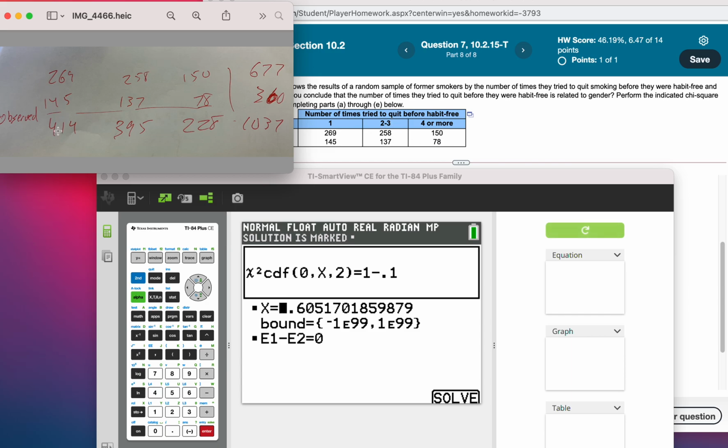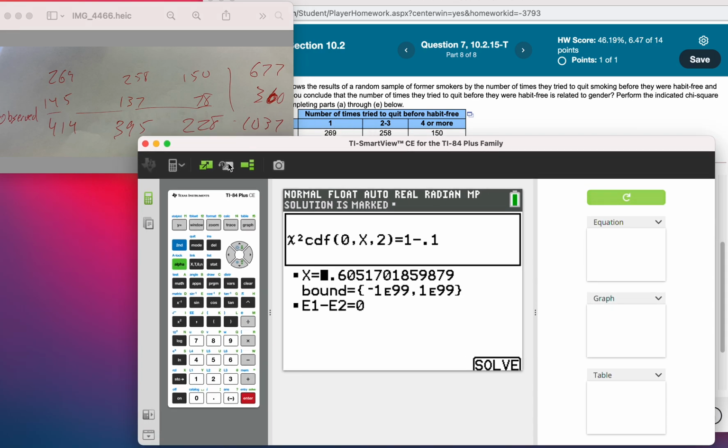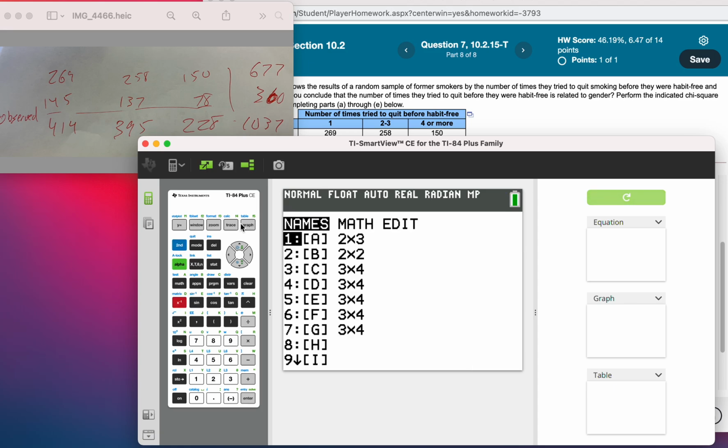I found the total of each column and the total of each row. I added these two together to get this, and then added these three together and made sure it also equaled this. We're going to use that for our expected matrix, and I put that one into B. But I'll show you A here quick.